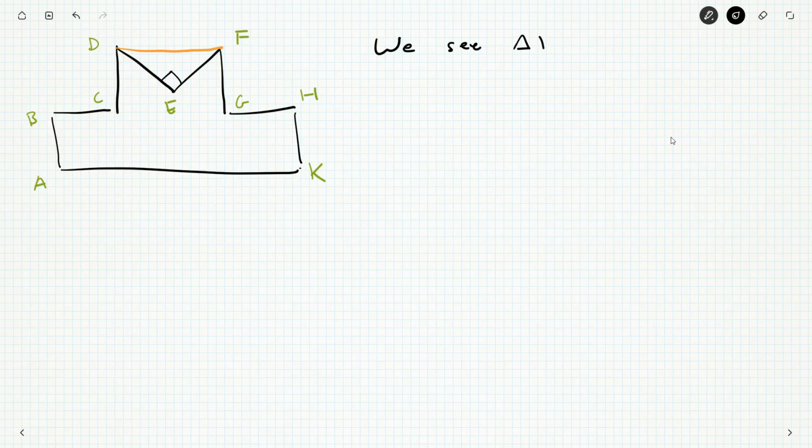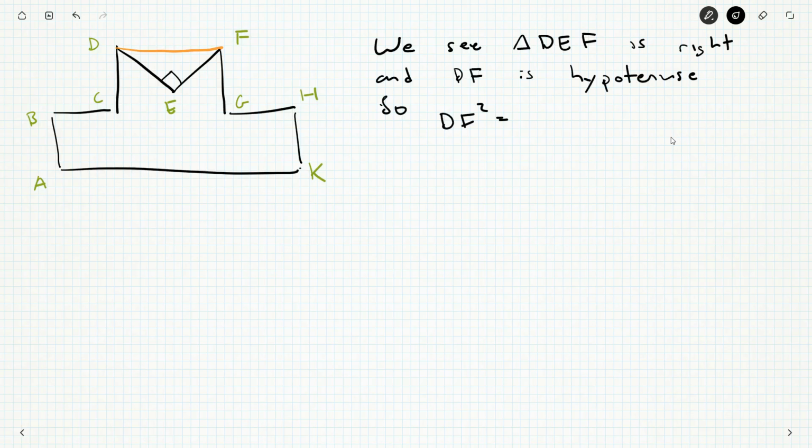We see triangle DEF is a right triangle, and DF is the hypotenuse. So DF squared is DE squared plus EF squared, but both of those are 4.